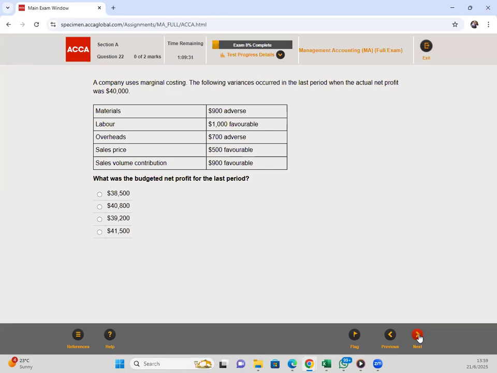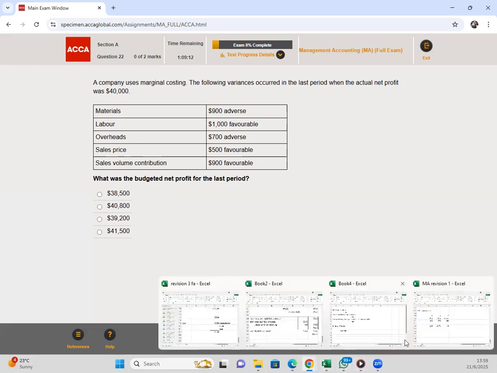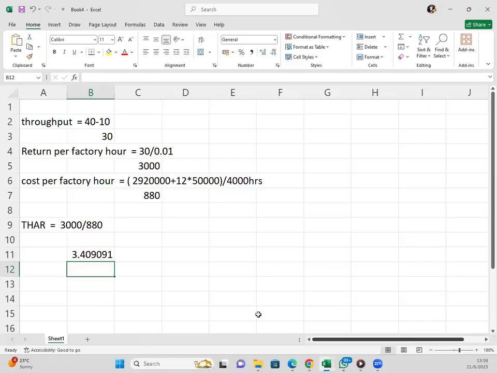If you are given the actual results and you want to go back to the budget, you do the opposite. You add the adverse and you less the favorables. But if it was from budget, let's go to our Excel. It's not this one.